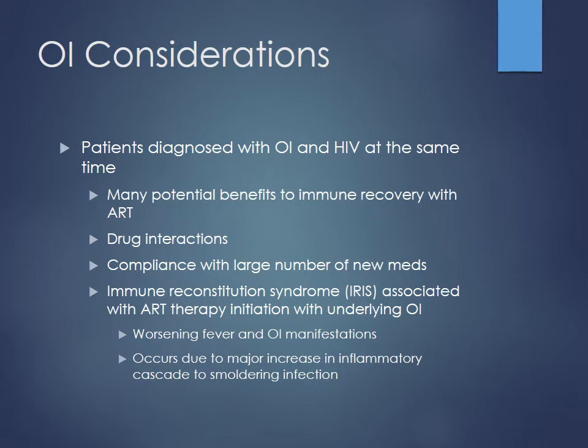Now, patients who have more long-standing HIV, maybe have not received medical care or gotten diagnosed, could have opportunistic infections already coexisting with HIV infection, right? And so, obviously, there are some benefits to getting their immune system back, because you want to try to get their CD4 count up to fight off that infection. But one of the things you're going to run into is that drug interactions can be problematic.